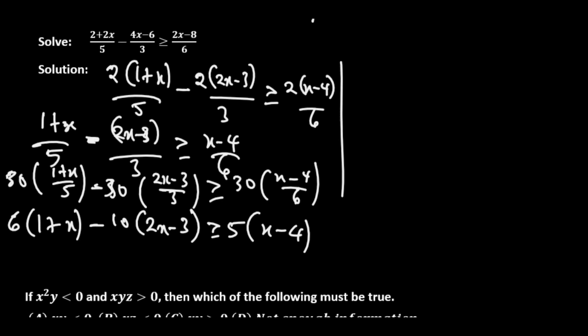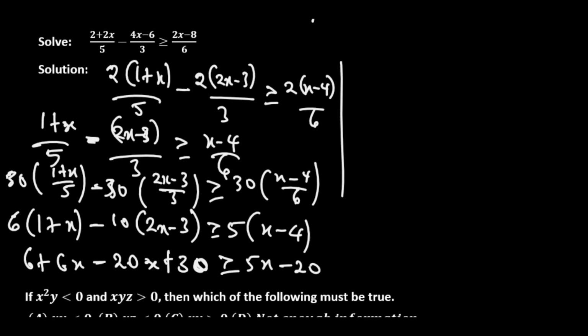So we open up this: 6 plus 6x minus 20x plus 30 greater than or equal to 5x minus 20. So we collect like terms here. So we have 6 plus 30 is 36. So minus 20 comes here, so 36 plus 20 is 56.